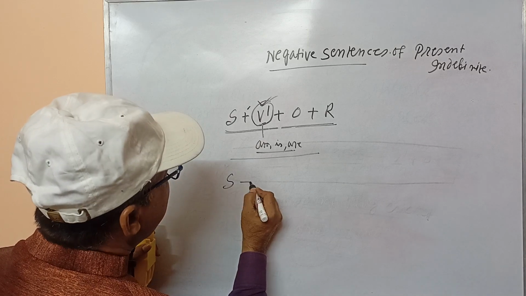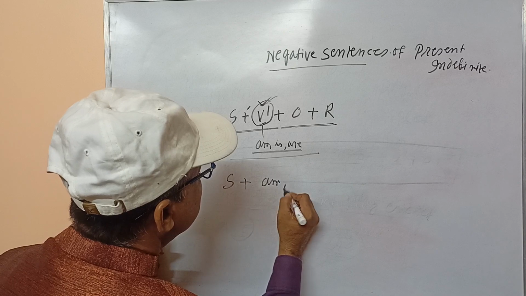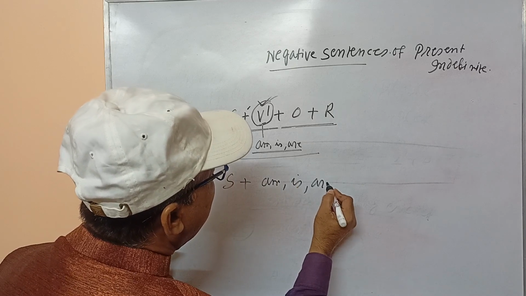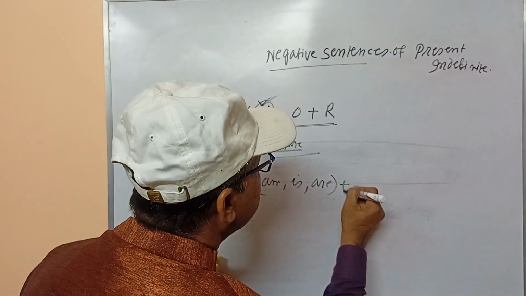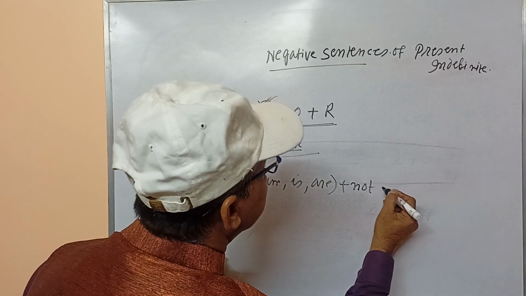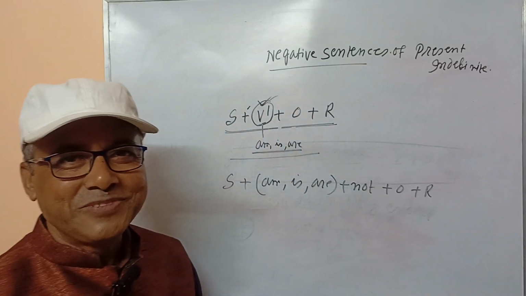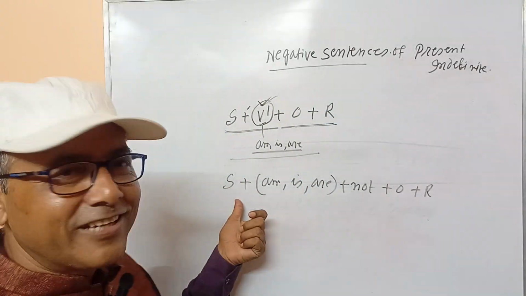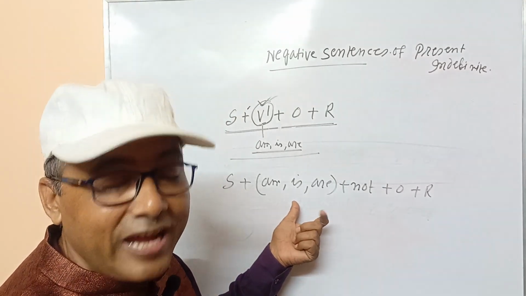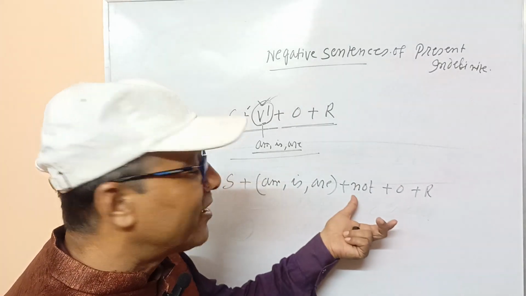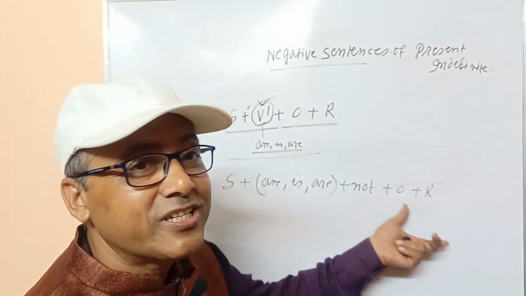Just subject, and then after these be verbs, am, is, are, just take not, then object, and then remaining.